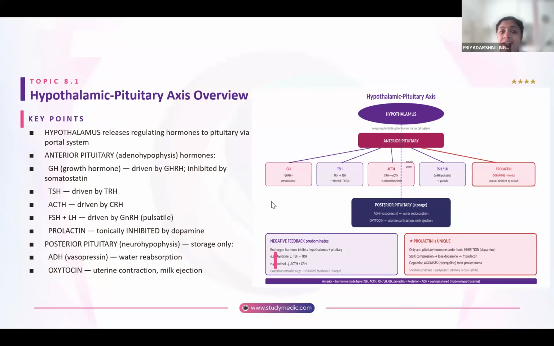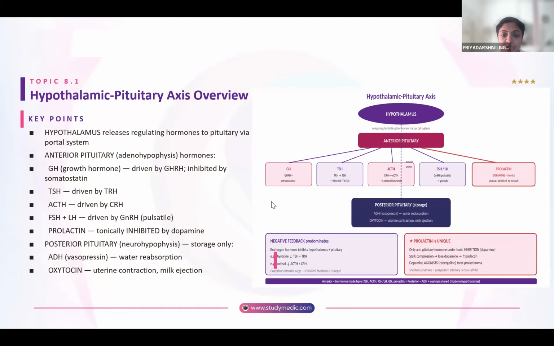Next, you have your FSH and LH, gonadotropins, because of the pulsatile secretion of GnRH. So this word pulsatile is very, very important, which is seen in most of the SBAs. Next, you have prolactin. Points to remember is it is inhibited by dopamine. Now, all this belongs to the anterior pituitary.